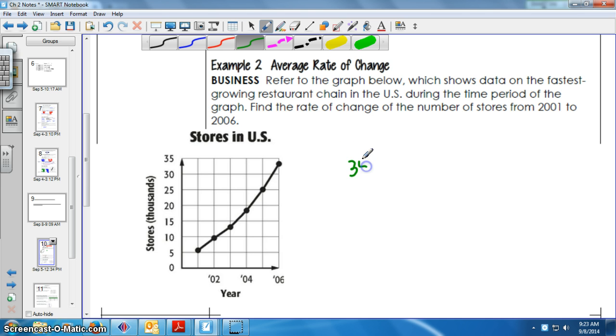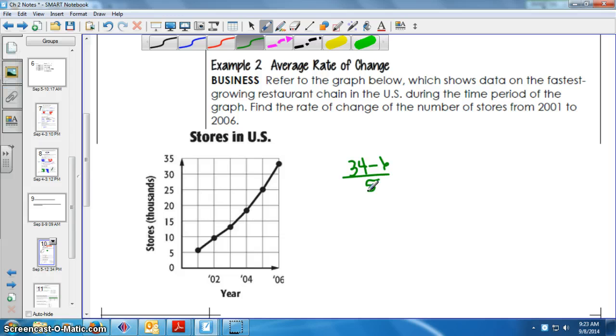So 34 minus 6, because we are a little bit above. And then from year 2001 to 2006 is a difference of, let's just say, an increase of 5.